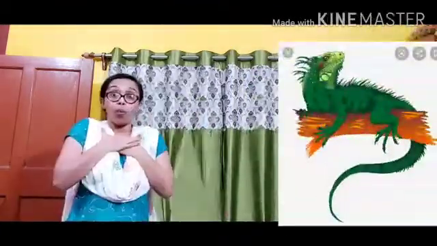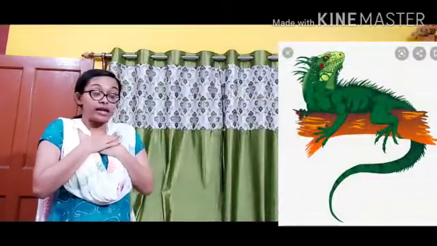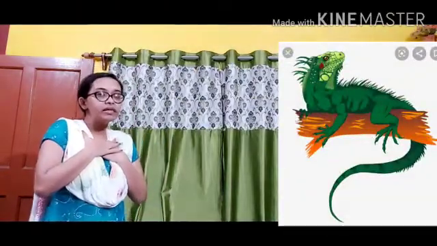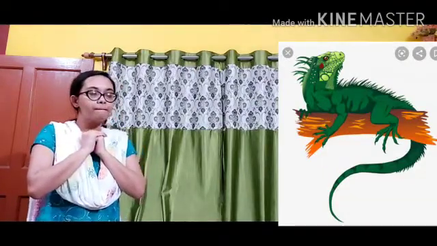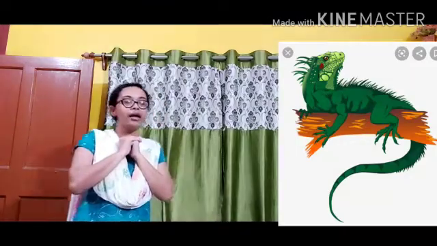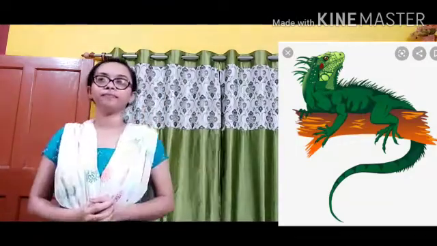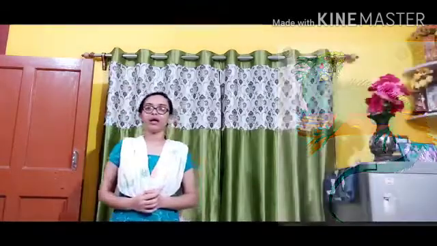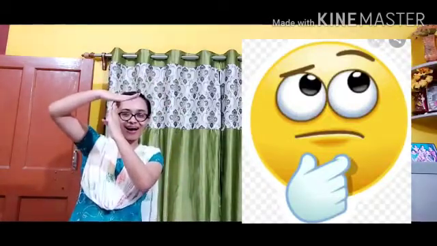Now the next picture. Oh my God, this animal is so scary, right? Who can tell me the name of this animal? Take your time and say the name of this animal. 1, 2, 3, time up.